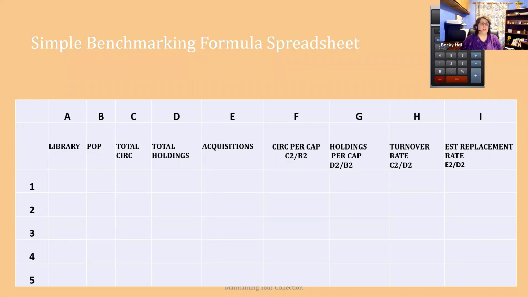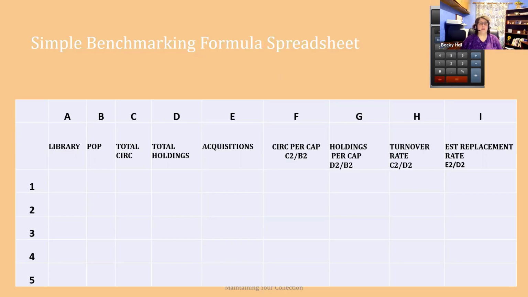You can also include your total holdings. How many mysteries do you have? How many juvenile easy picture books do you have? Then you're also going to want to add in column E how many items you purchased over the last year in that collection, or for your library overall if you're comparing to someone else.